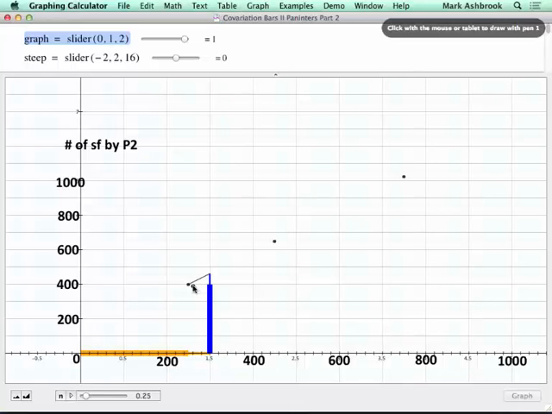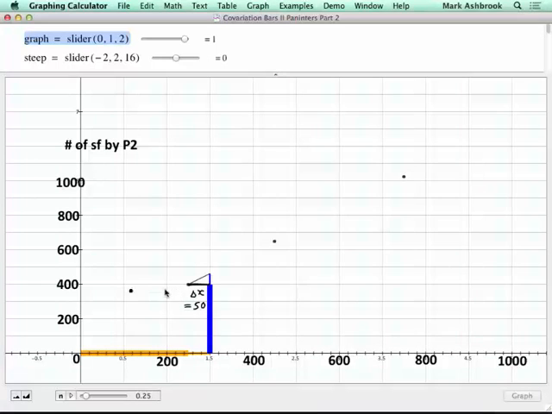Which way? Up, down, left, or right? To the right, right? So that right there is a delta x of 50. This was the point 250, 400.